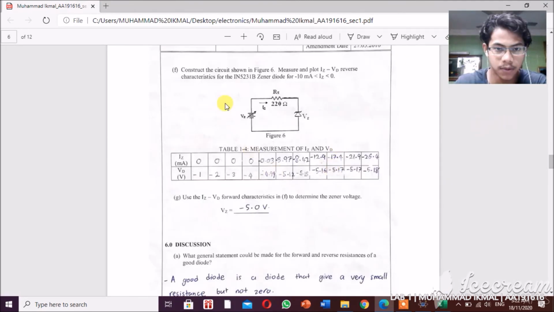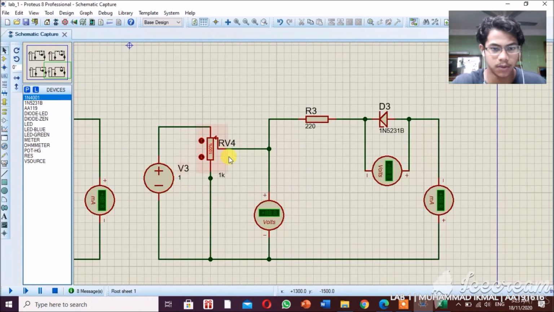So we continue for the last question, which is for the Zener diode. The characteristic for the Zener diode. So these are the measurements that I get from Proteus. One box I use 1 volt, so the second box will be 2 volt. So let's try in Proteus. For 1 volt, the voltage I get is minus 1 volt, and the current will be 0 milliamp.